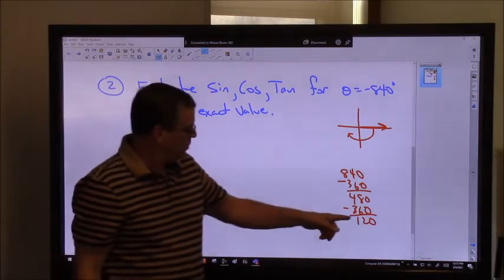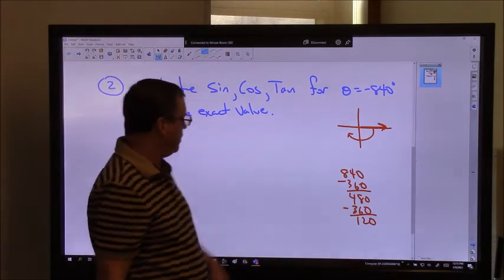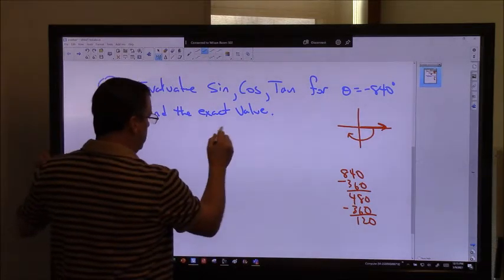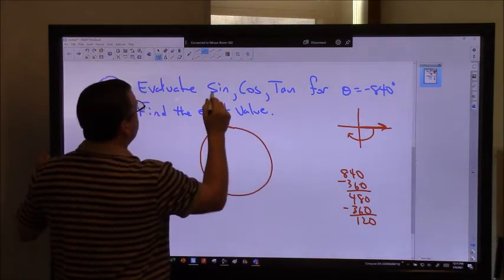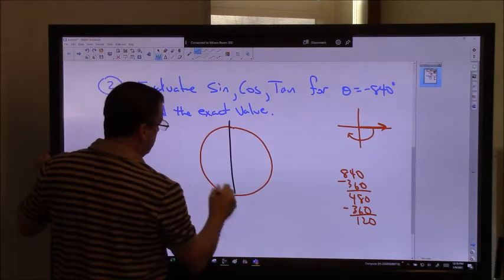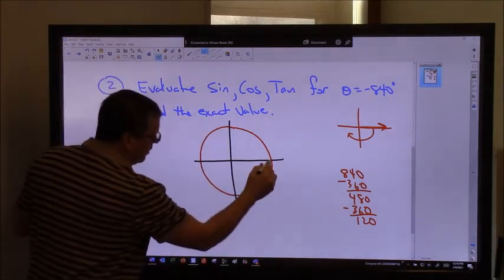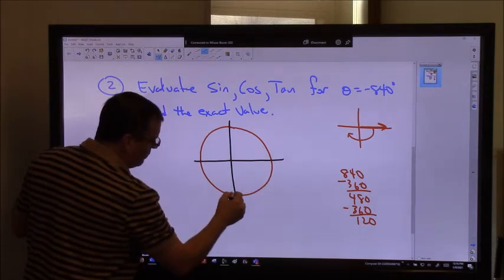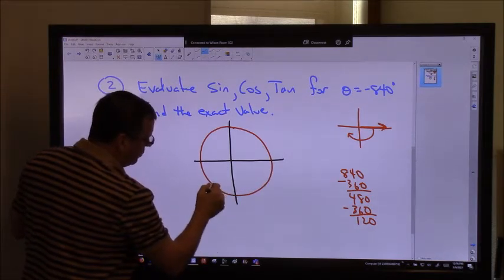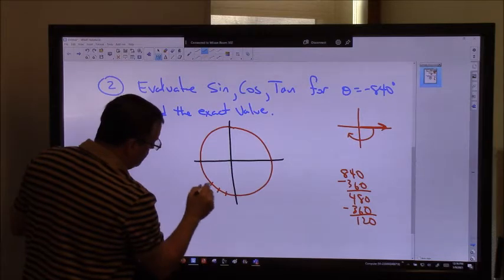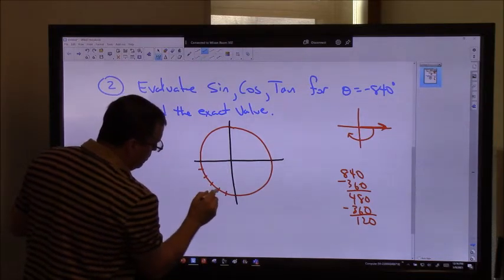All right, so I need to go 120 degrees in the negative direction. So let me draw a unit circle. And let's see, if I start here, I go around 90 degrees in the negative direction. A negative 120, it's going to put me somewhere in this quadrant. So I'm going to be right here.